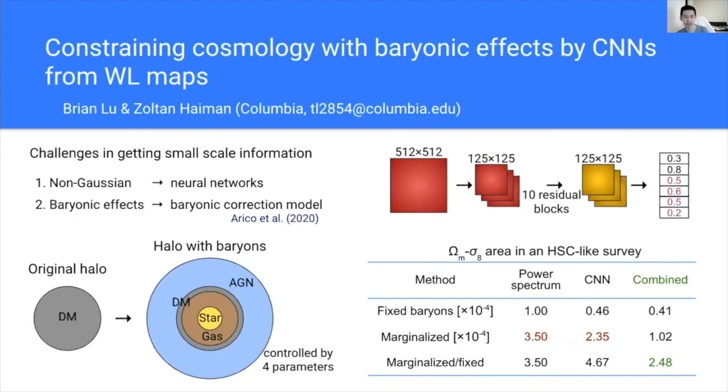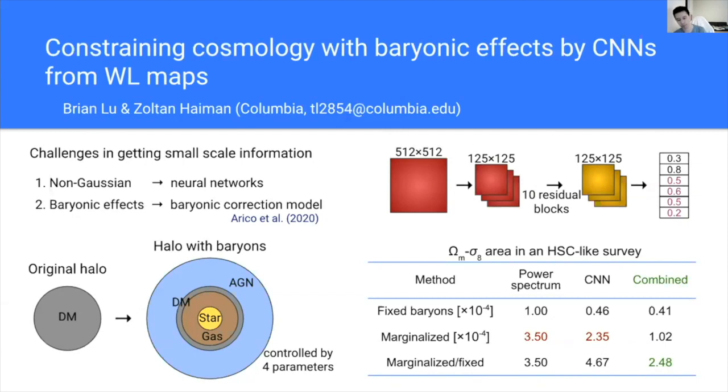And the profile and weight of these components are controlled by 4 baryonic parameters. So the idea of this baryonic correction model is that we are not committing ourselves to only one baryonic model, as is done in many hydro simulations, but we can test against a variety of baryonic physics.